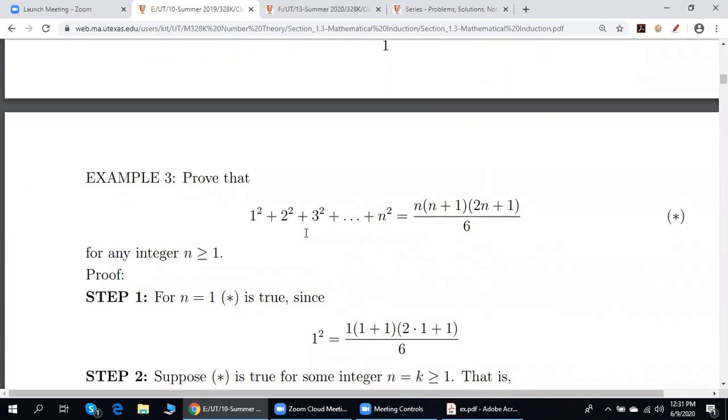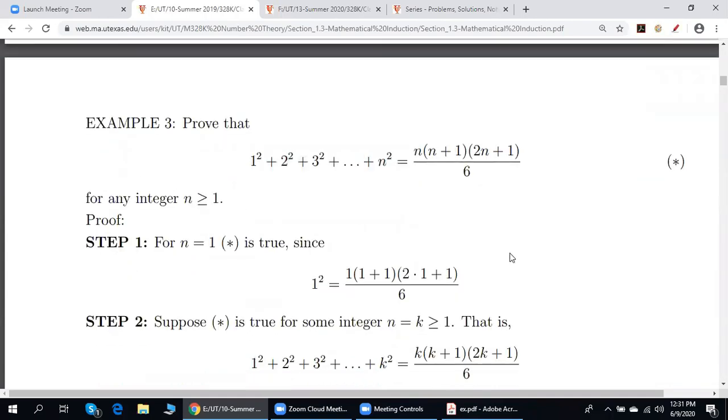Please take a look at example 3. Prove this. Again, n is greater or equal to 1. Step 1. Check this for the lowest possible n. For n is equal to 1. If n is equal to 1, on the left-hand side, we'll have only one term, 1 square.